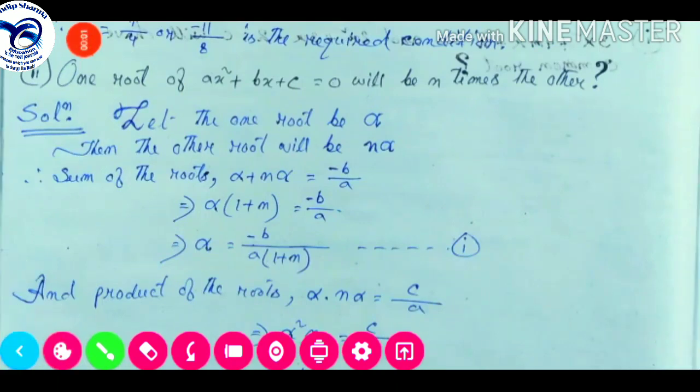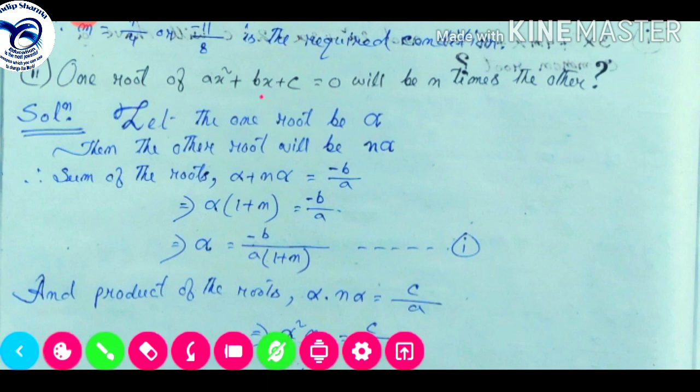Question number 5.2. One root of ax square plus bx plus c is equal to 0 will be n times the other. So if we consider one root as alpha, the other root will be n alpha. Now the sum of the roots, alpha plus n alpha, is equal to minus b by a.